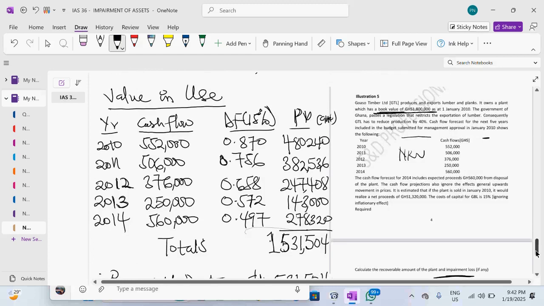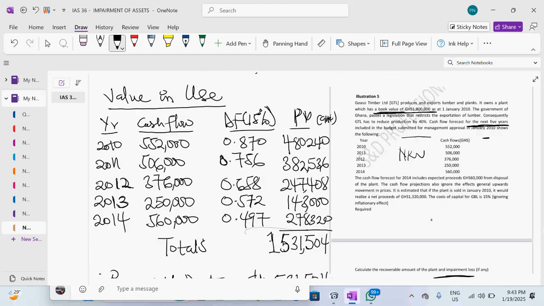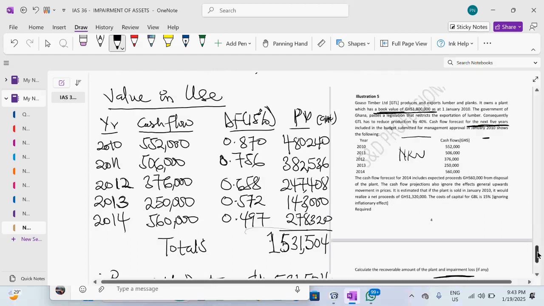This is the cash flow forecast for the next 5 years. So these cash flows, we would like to know them in present terms. And how do we know them in present terms? By using the single value amount.